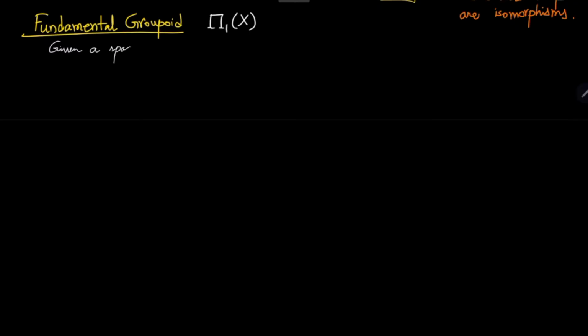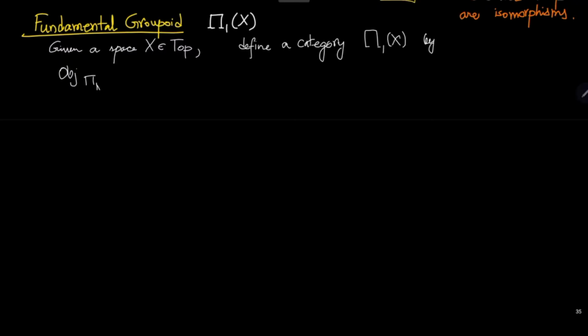Given a space X in the category of topological spaces, so we pick a space X in Top, we define a category given any topological space X. Define a category called pi1 of X by the objects of pi1 of X being equal to just the set X, or you can just pull this X to the underlying set.